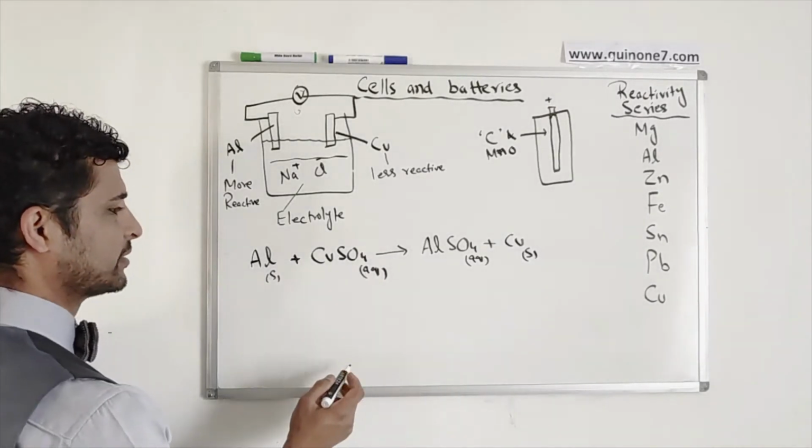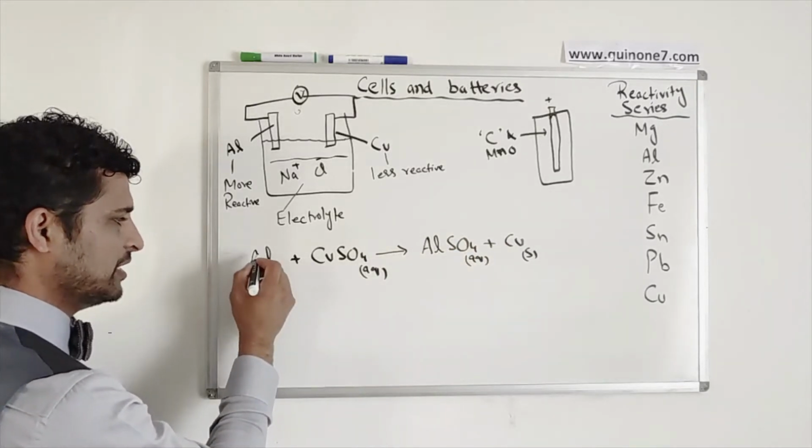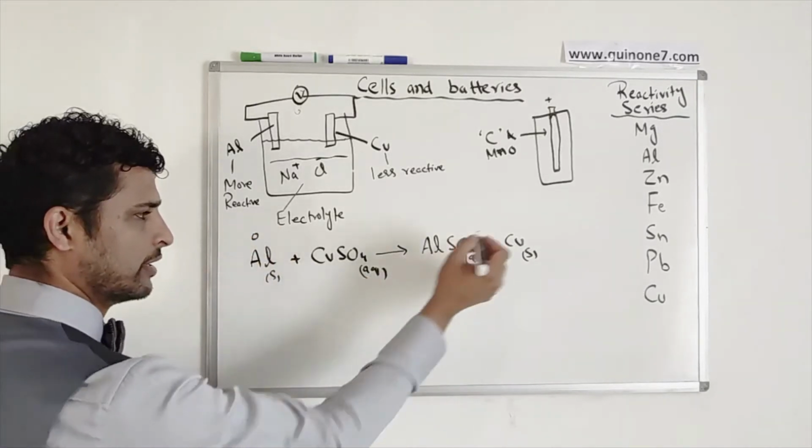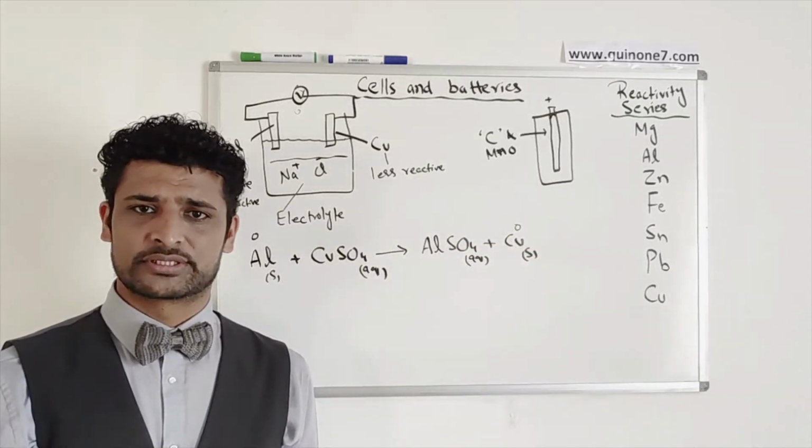In that sense, the copper will be deposited on the electrode. Aluminium is in the zero state and will make copper in the solid state.